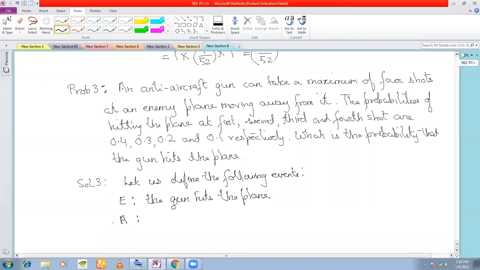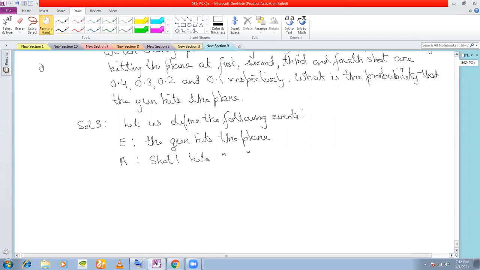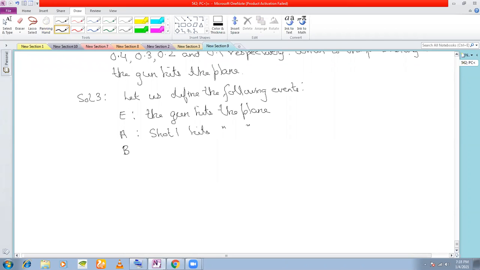So I define the next event A as that shot 1 hits the plane. Next event B, shot 2 hits the plane. C, shot 3 hits the plane.